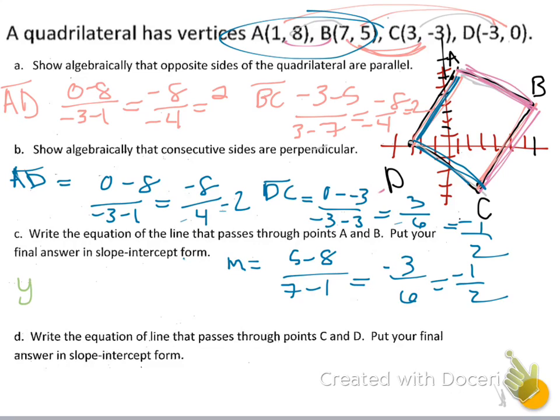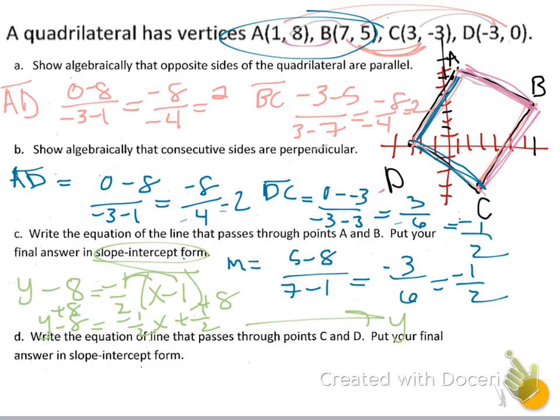So I'm going to get y minus, let's do point A. So y minus 8 equals negative 1/2 times x minus 1. But we need it in slope-intercept form, so let's solve it. So y minus 8 equals negative 1/2 x plus 1/2. Add 8 to both sides, so I get y equals negative 1/2 x plus 8.5.